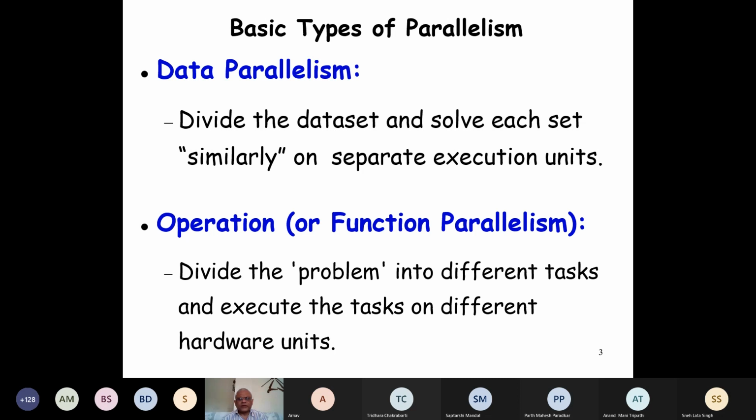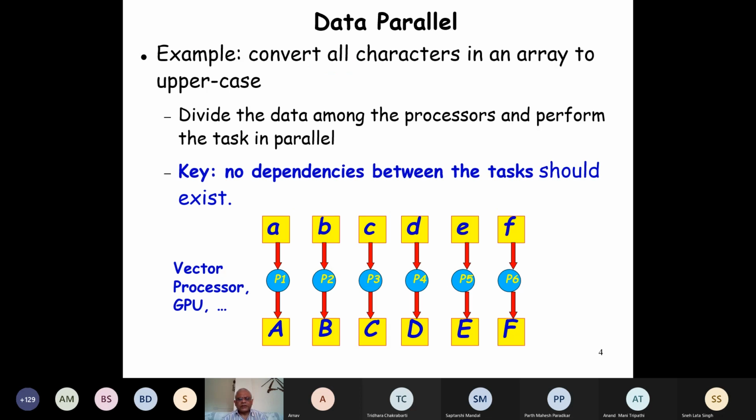These are the two fundamental classifications of parallel computers. Just to give an example of a data parallel computation, a rather trivial example is, let's say we have a string consisting of small letters. We want to convert the string A, B, C, D, E, F into capital letters.